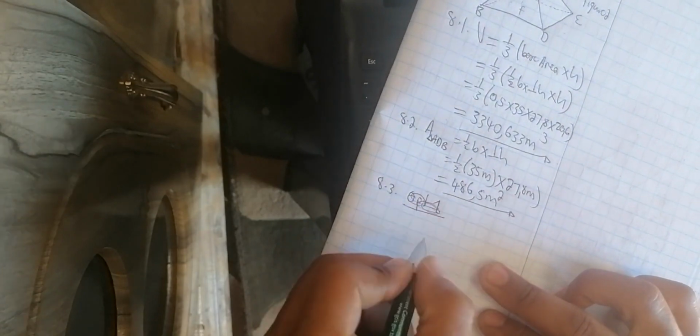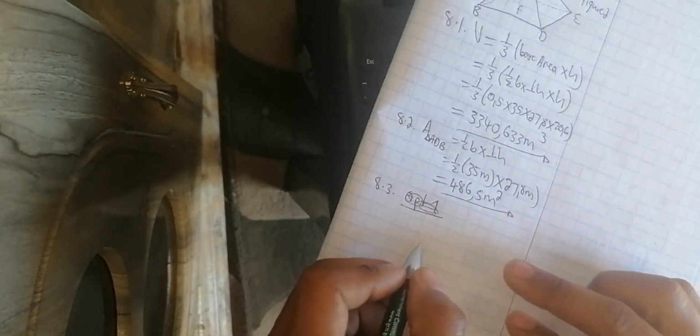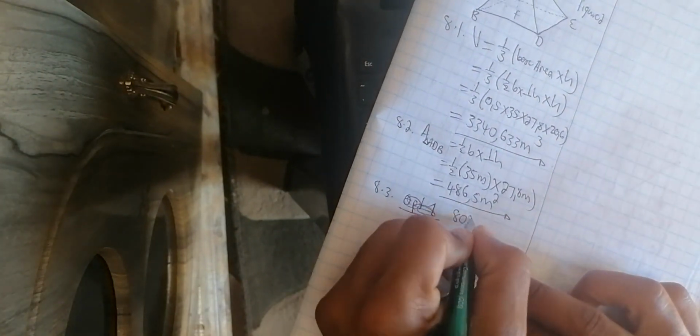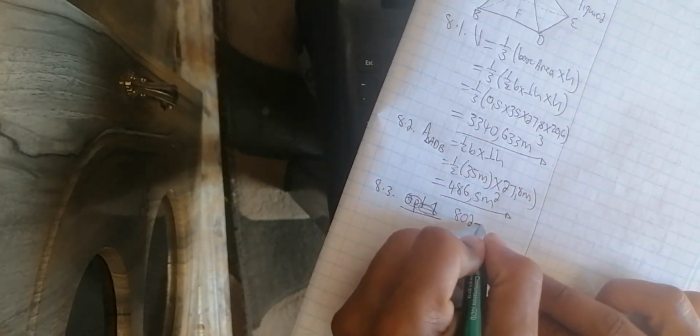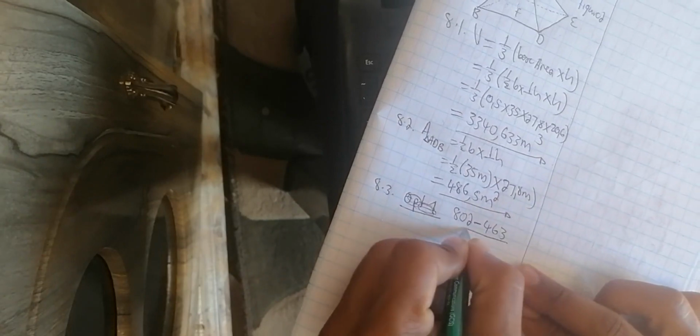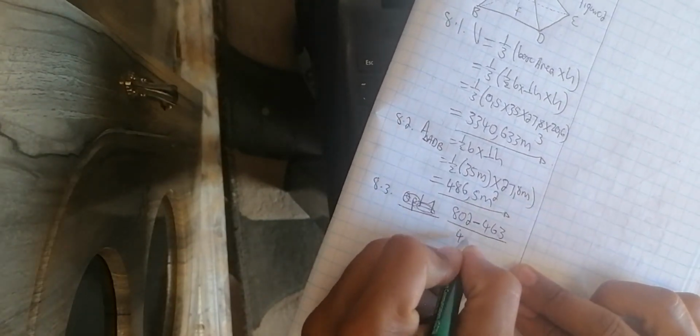So between option 1 and option 2, we take the bigger number, subtract the smaller number, so that would be 802 minus 463, and then we would divide this by 463 times 100. I think this is how you calculate the percentage increase. Bigger number minus a smaller number divided by the smaller number. So that would be the percentage increase.